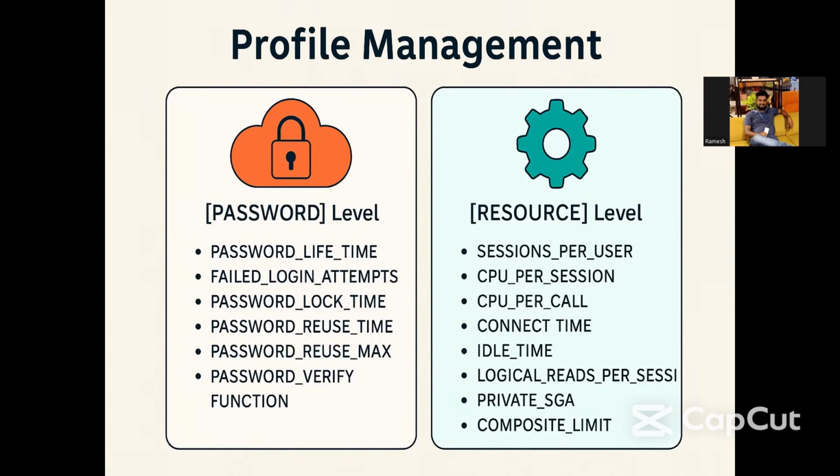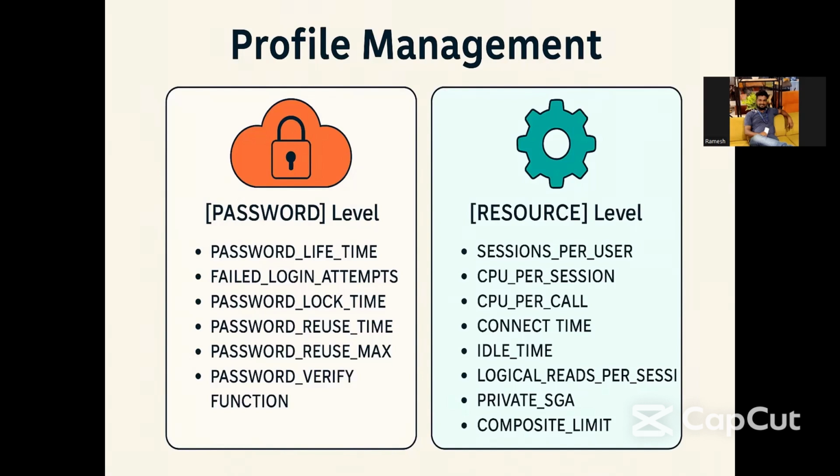And this is the resource level. We can control the users by using the resource level. SESSIONS_PER_USER means that only one or two sessions per user can connect to the database.